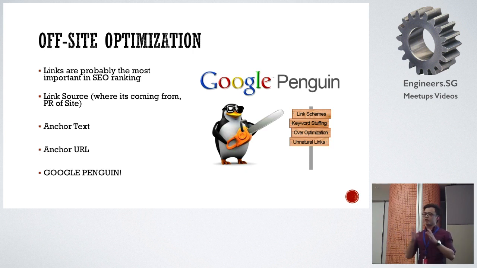If you want to rank in Singapore, it's good to get links from .sg websites because they're more local-based. For example, if I'm trying to rank for SEO Singapore, getting links from .com.sg sites is more favorable because you're more relevant to Singapore-based keywords.